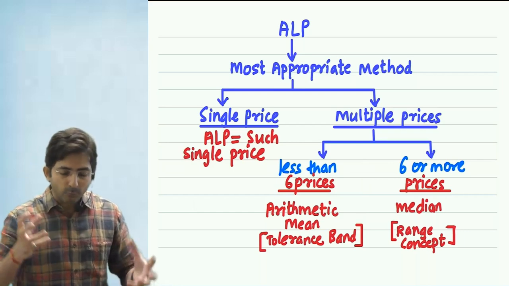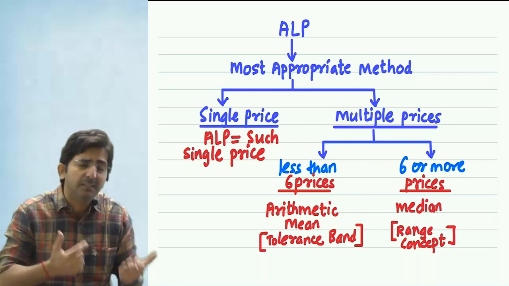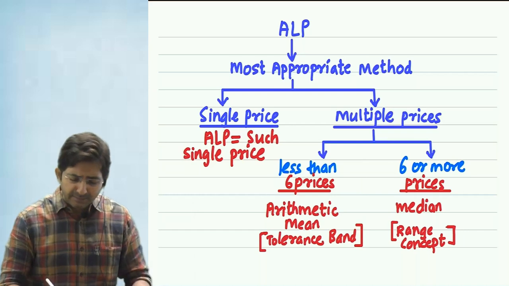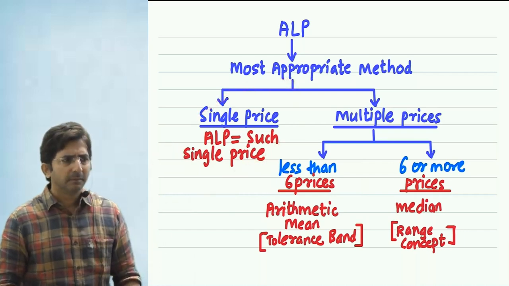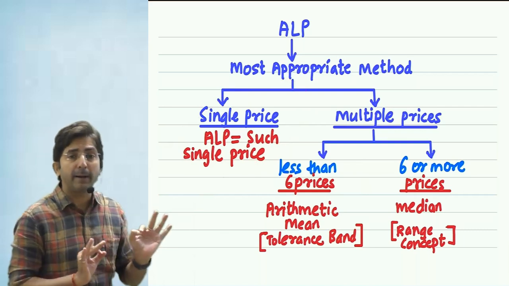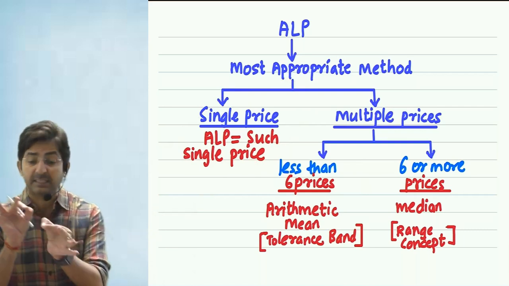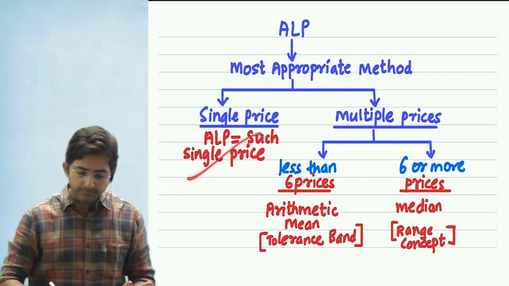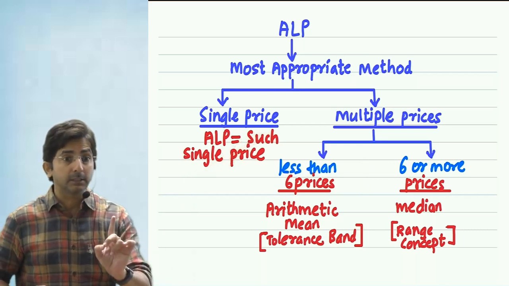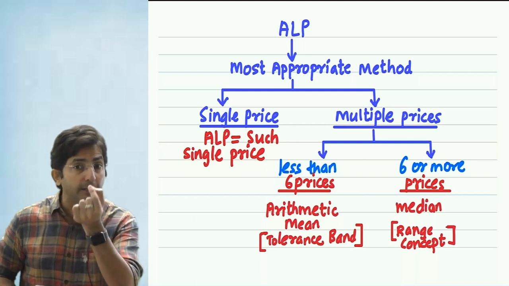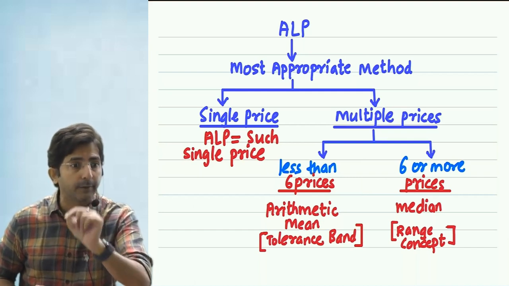You might be thinking why I am stressing this one; it is because I have seen silly mistakes. Even in this single price case, students bring in that tolerance band. But if this chart is clear in your mind, trust me, you will never make that silly mistake. So if single price, then that is the final ALP. Then in such a case, even if a $1 difference is there, it is not tolerated.